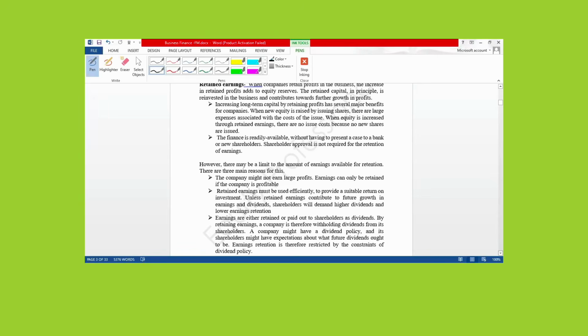The company might not earn large profits. When a company is not profitable, you cannot talk of retained profits. We can only talk of retained earnings if a company is profitable.